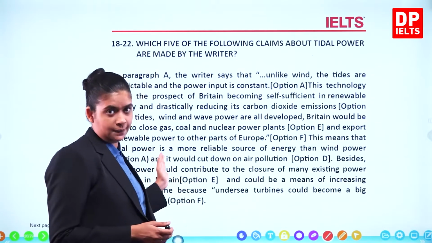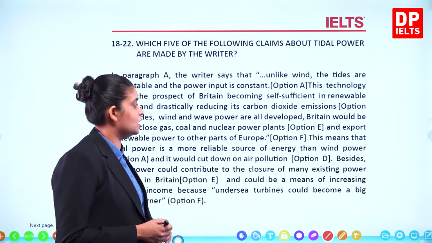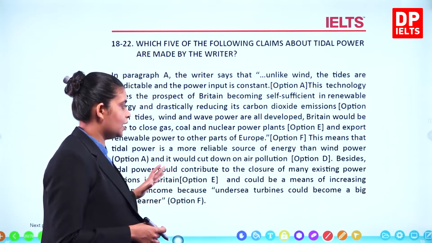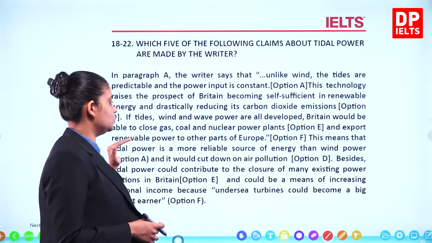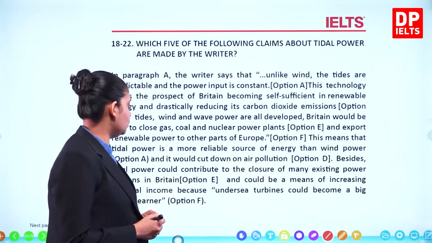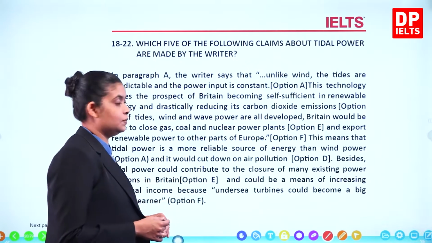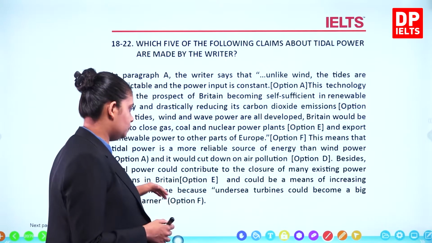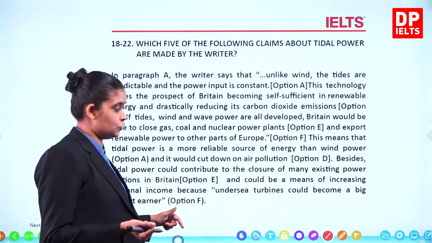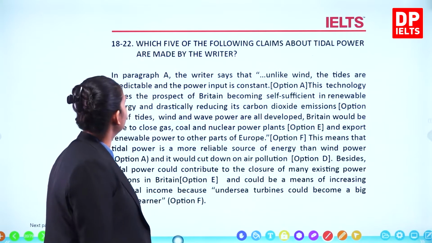So that is option E. And export renewable power to other parts of Europe, which is option F. This means that tidal power is a more reliable source of energy than wind power and it would cut down on air pollution. Besides, tidal power could contribute to the closure of many existing power stations in Britain, which is option E, and could be a means of increasing national income because undersea turbines could become a big export earner, which is option F. Okay?